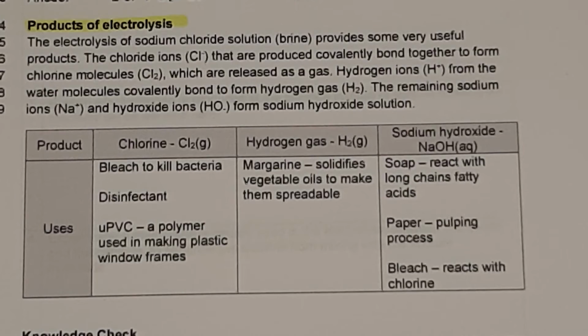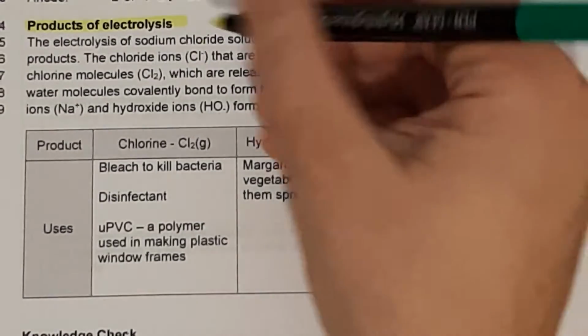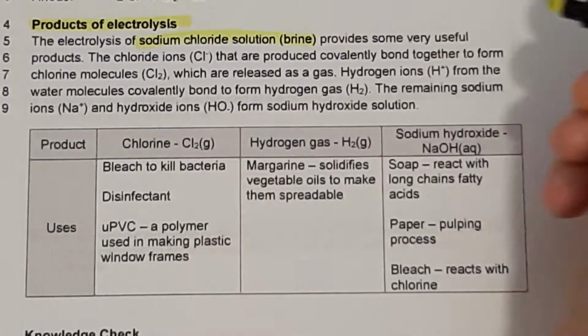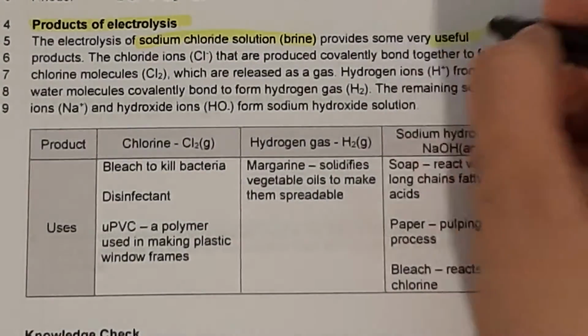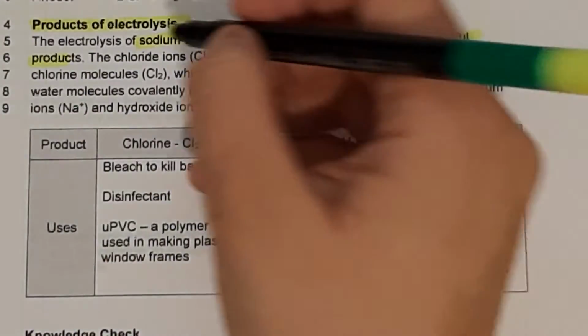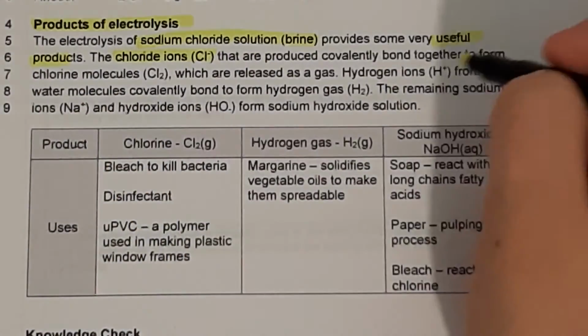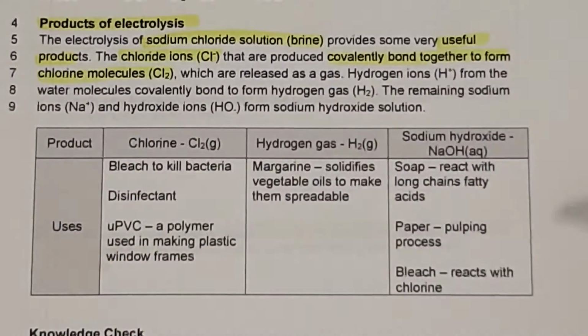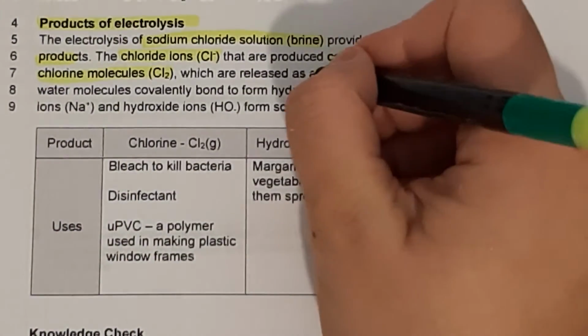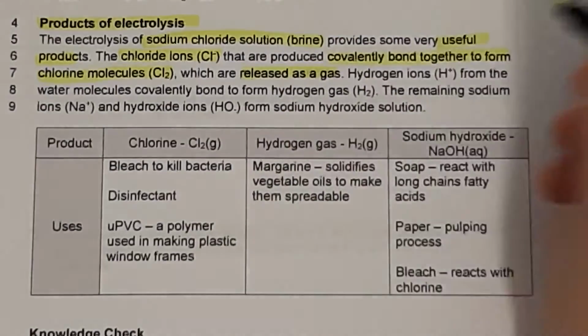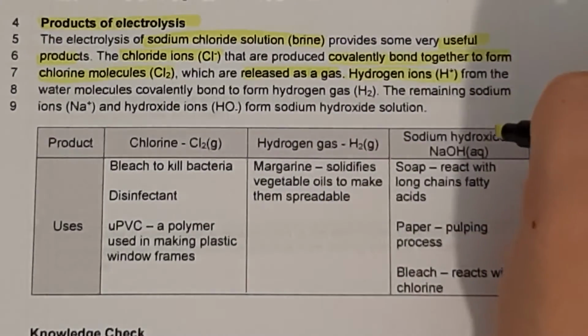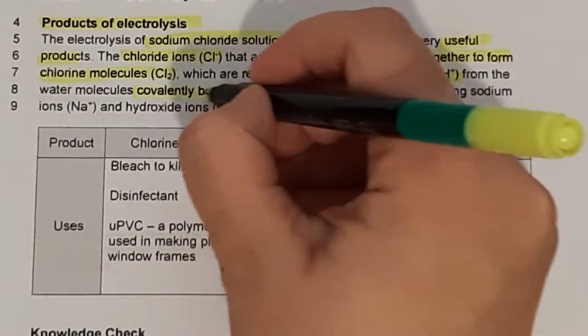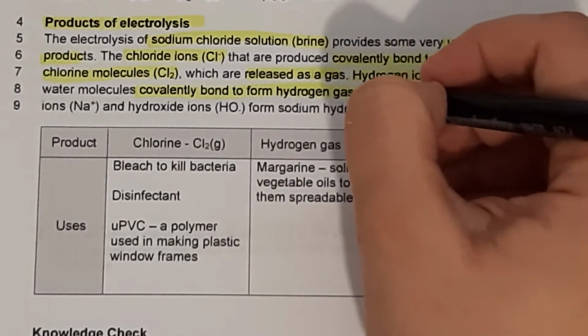So the electrolysis of sodium chloride solution, or aqueous sodium chloride, also known as brine, provides some very useful products. This is good, we like useful products. The chloride ions, the Cl-, covalently bond together to form chlorine molecules, Cl2, which is released as a gas. The hydrogen ions, H+, from the water molecules covalently bond to form hydrogen gas, H2.